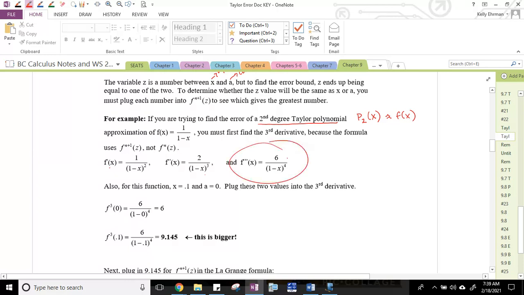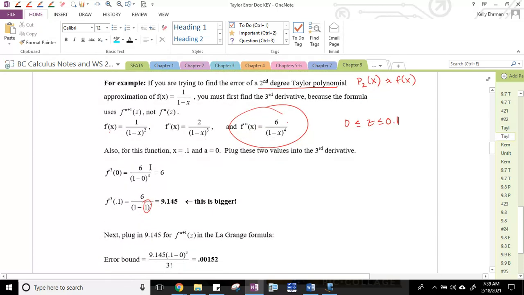And so for this third derivative, I have to figure out, okay, z is some number between the center, which is 0, and it looks like we're plugging in 0.1. So z is some value between 0 and 0.1. So I just plug in 0 into the third derivative formula and see what I get, and plug in 0.1.